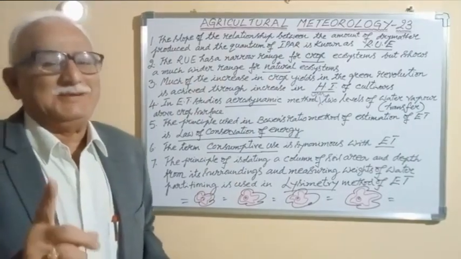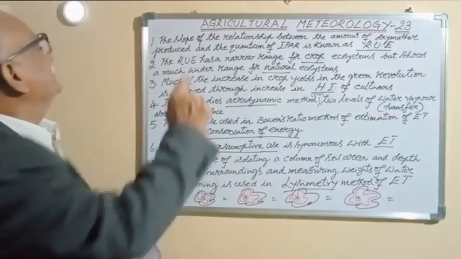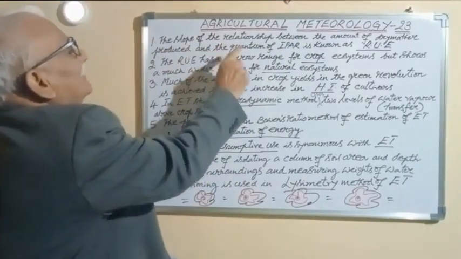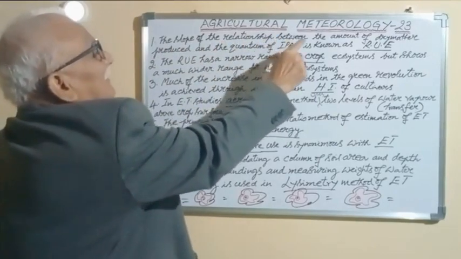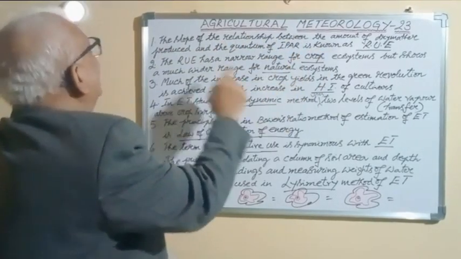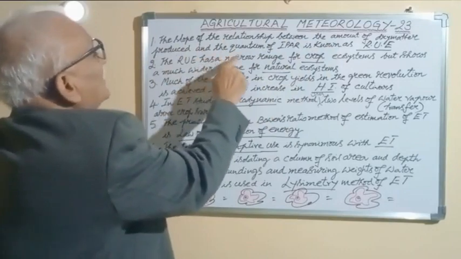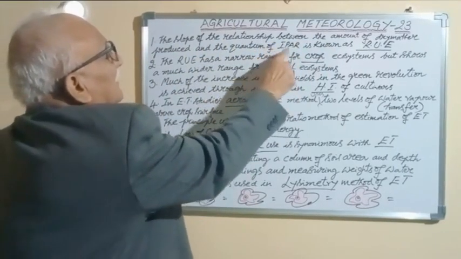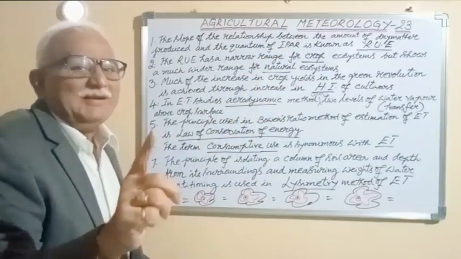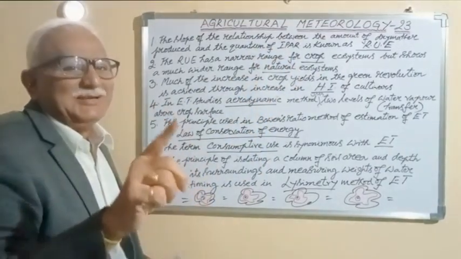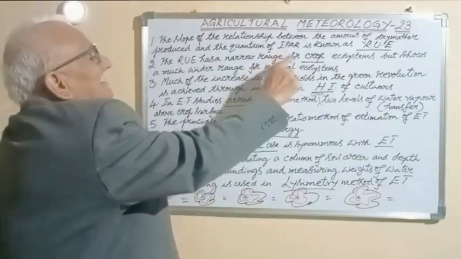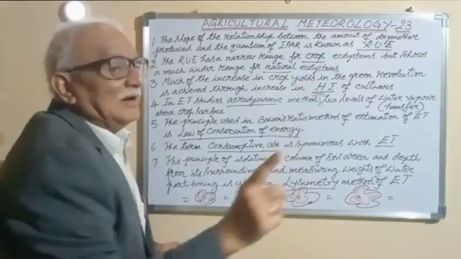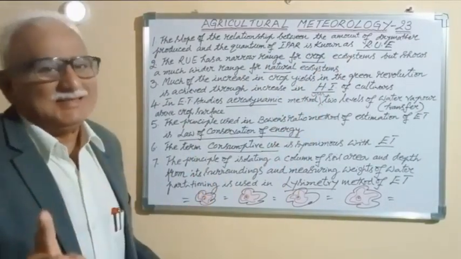The first bit of today's class: the slope of the relationship between the amount of dry matter produced and the quantum of IPAR, intercepted photosynthetically active radiation, is known as RUE, radiation use efficiency.